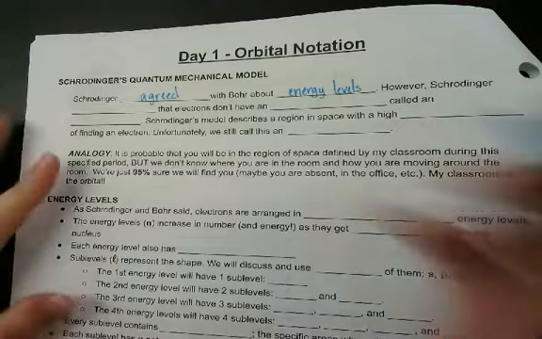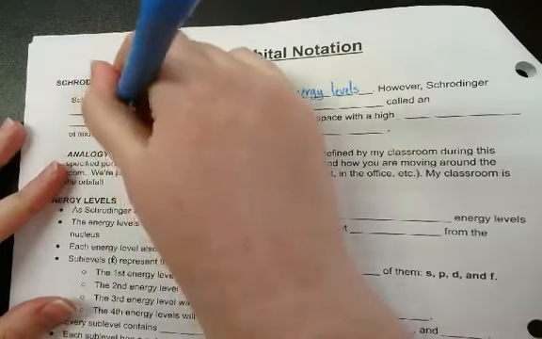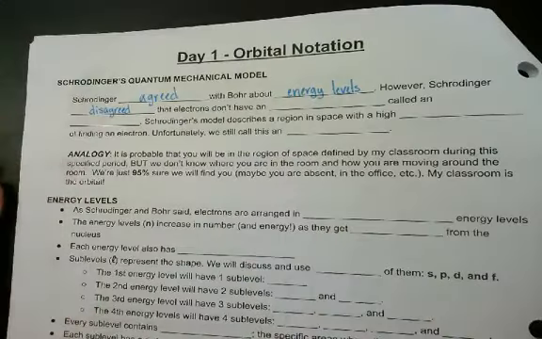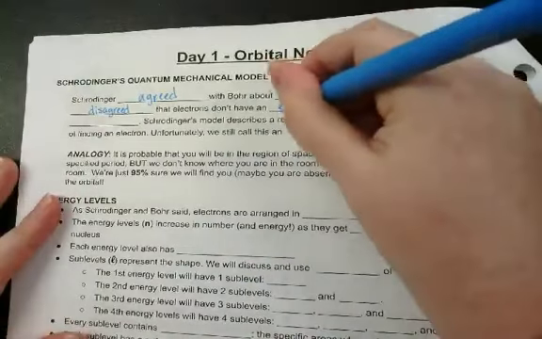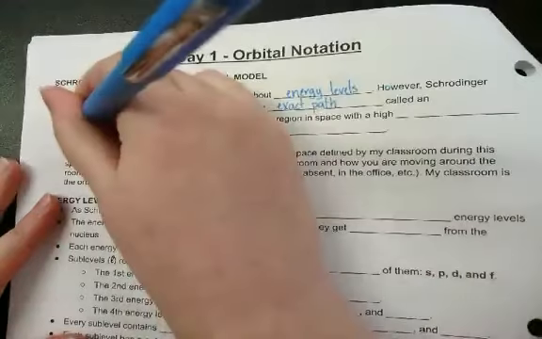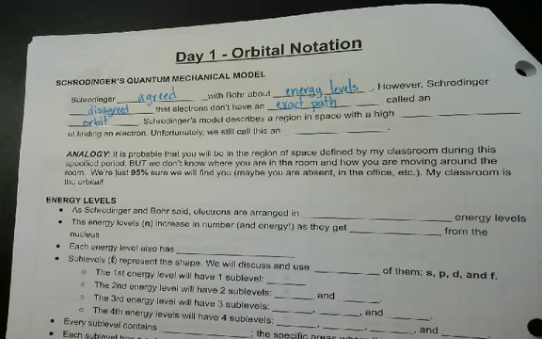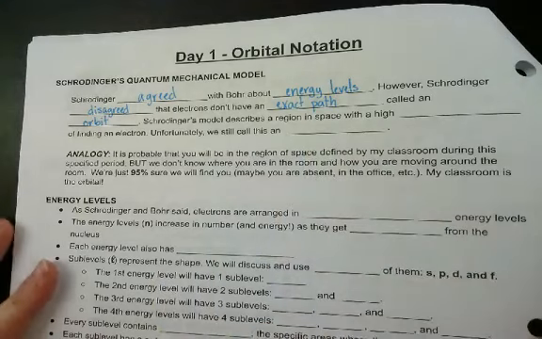But Schrodinger disagreed that electrons have an exact path called an orbit. So that's how that planetary model was disproved. The planetary model looked like those electrons had an exact path and orbit to follow around the nucleus.